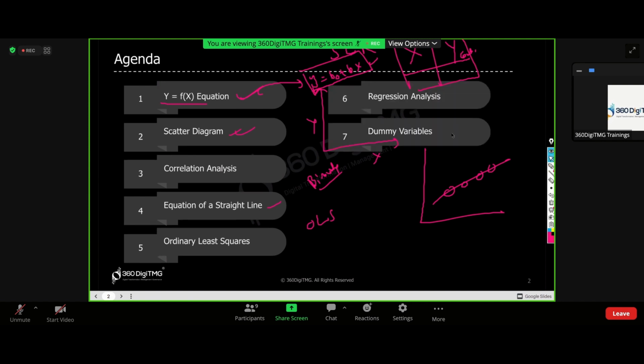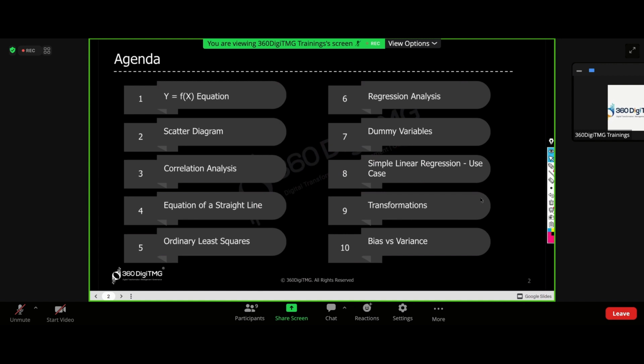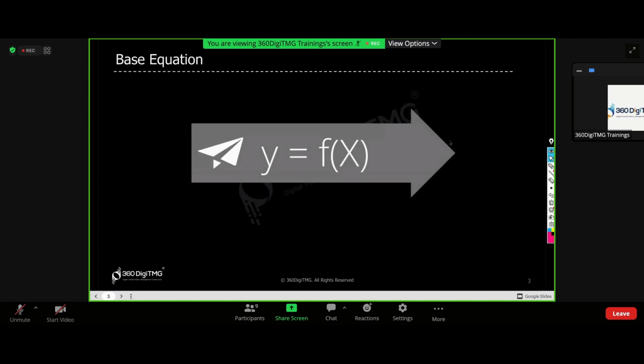Then I have regression analysis, dummy variables, simple linear regression use cases, transformations, bias, and variance. It is a lengthy topic, but we will spend a lot of time and discuss. So the base equation, we know this is the equation. Given input variables, we will predict y, and y will be continuous.